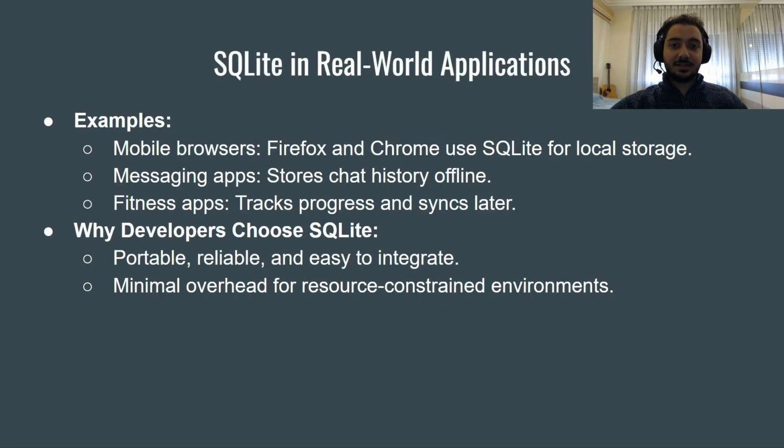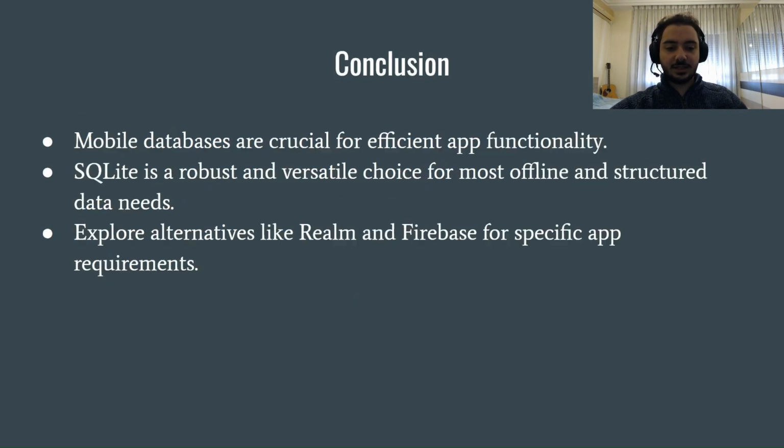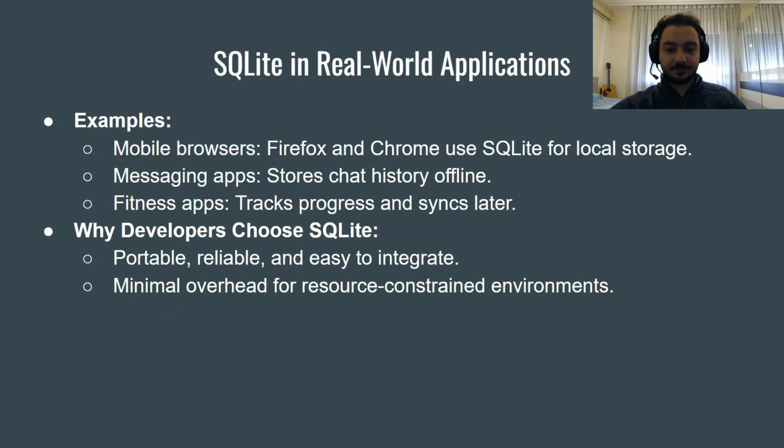To see SQLite in action, consider mobile browsers like Firefox and Chrome, which use SQLite for local data storage. Similarly, many messaging apps rely on SQLite to store chat histories offline, ensuring seamless access.